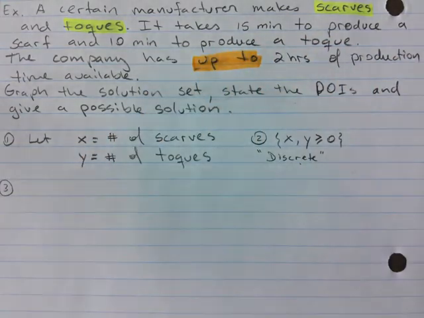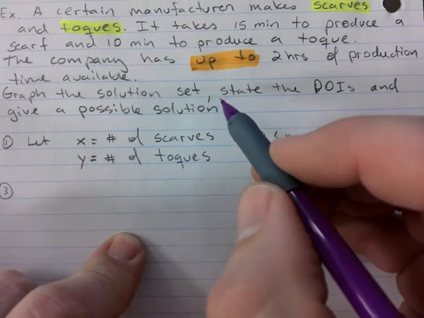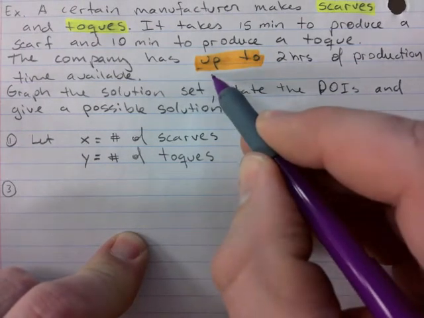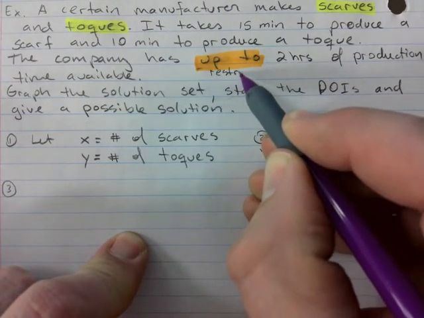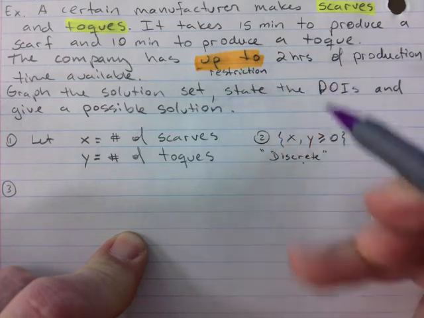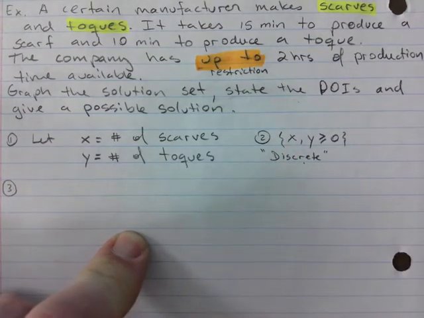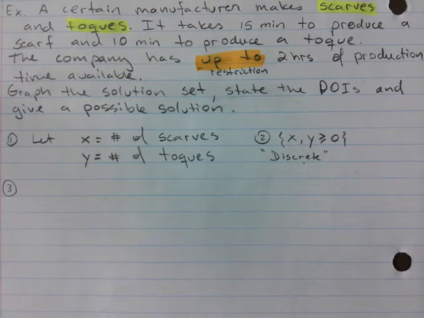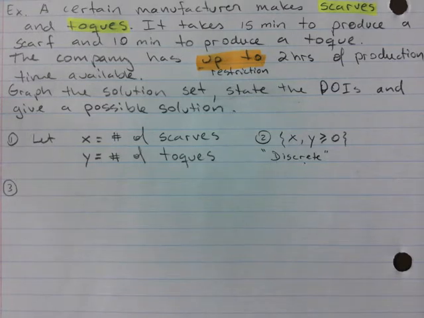That right there, to me, and to you, should tell you that that's a restriction. There's a restriction on the time available, okay? So you have up to 2 hours.